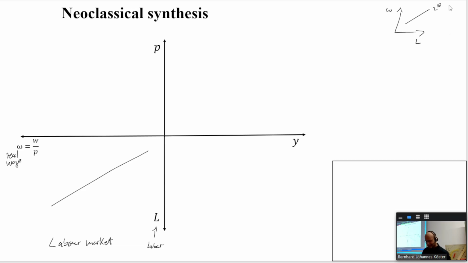Okay? Well, and in this case, labor demand would look like this. Okay? So here we have the labor market equilibrium.